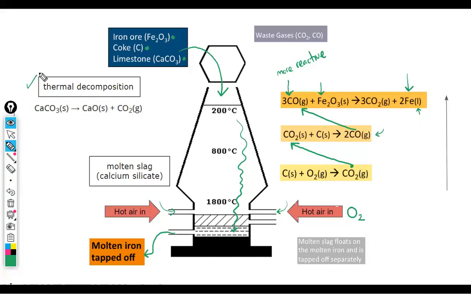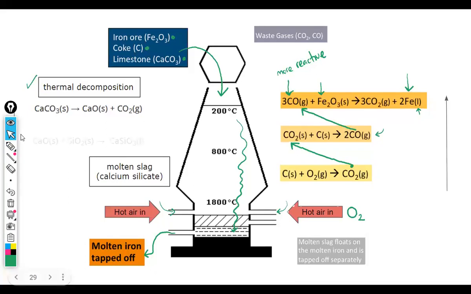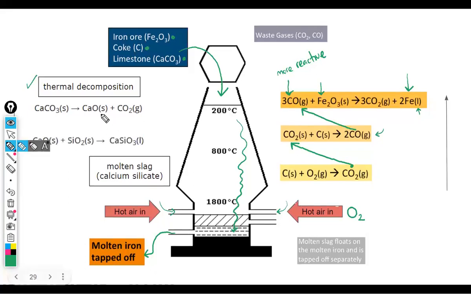Simple explanation for something called thermal decomposition. And it just so happens when calcium carbonate is exposed to heat, it's broken up into two things: calcium oxide and carbon dioxide.